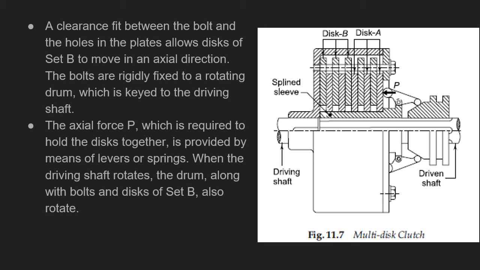Okay, and this bolt, as you can see, is rigidly fixed to an external drum here, right? And since they are rigidly fixed, when the driving shaft rotates, it will rotate the drum and the two disc sets also. Thereby there is transmission of power.